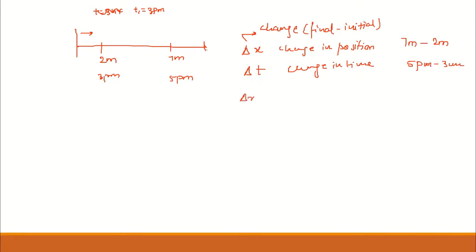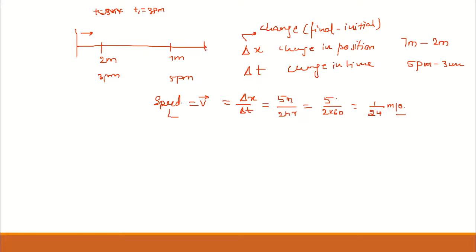So the change in position with respect to the change in time is nothing but the velocity or speed, as we have discussed in the 9th class. So speed and velocity is change in displacement with respect to the change in time, that is 5 meter per 2 hour, or if I convert it into seconds, it will be 5 into 2 into 60, that is 1 by 24 meter per second.